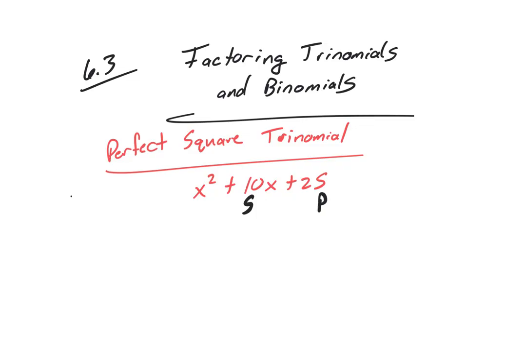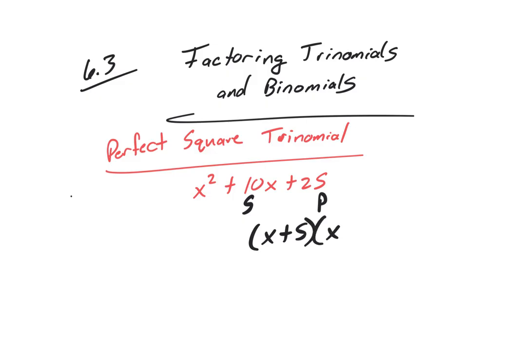But what we're going to find out on some of these today is that when I look for the product and the sum of those two things, I end up getting the same number. Because if I said what multiplies to get 25 and adds to get 10, we would say what two numbers work? 5 and 5, right?